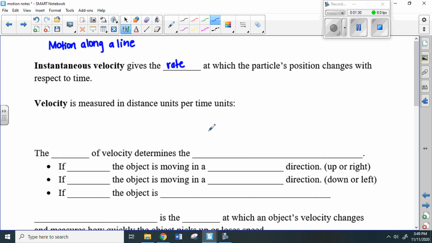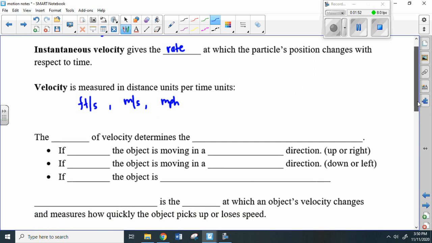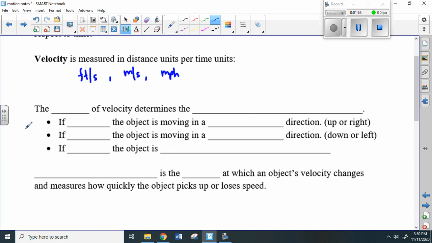All right, so velocity, we talked about this a little bit in class today. It could be measured in feet per second, maybe meters per second. Another common one is miles per hour, okay? Those would all be considered velocities. And here's what I want you to remember and relate back to your connections between derivatives: the sign of velocity determines the direction of movement, okay?